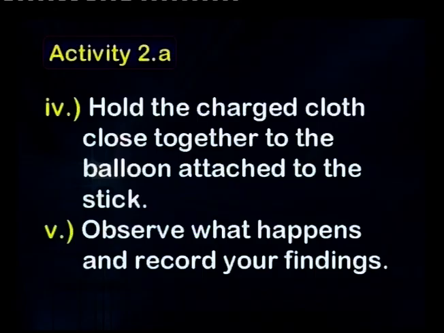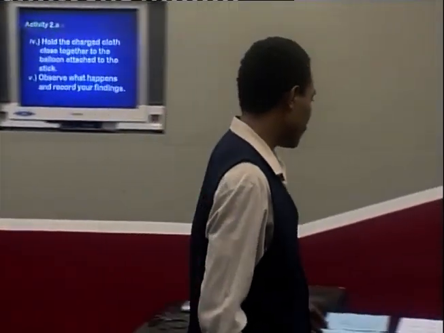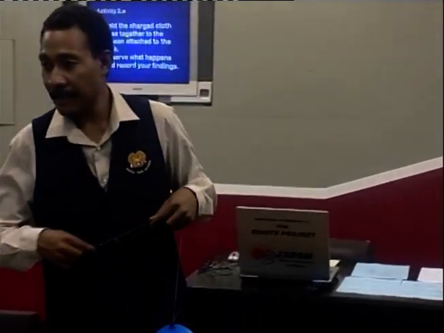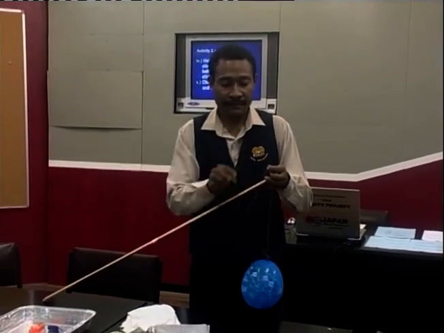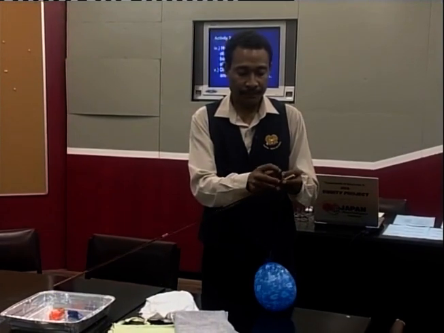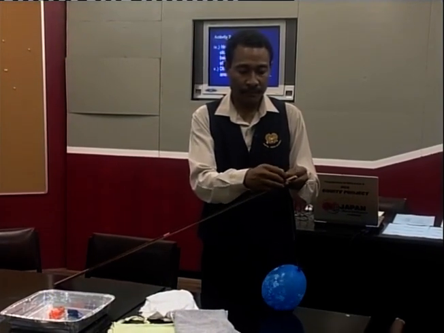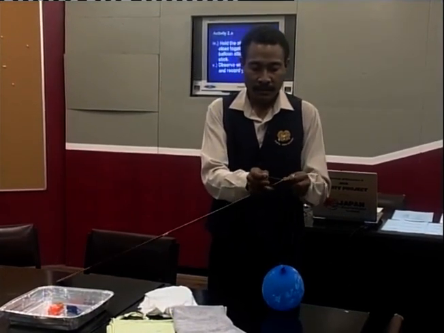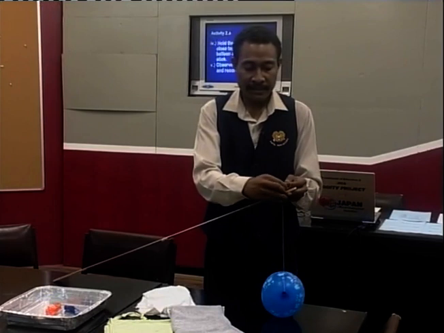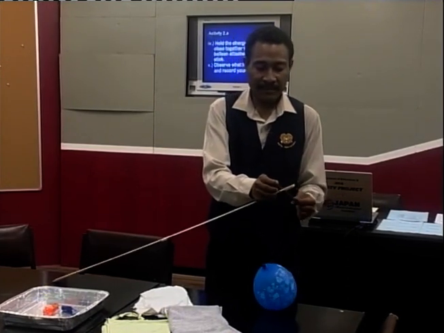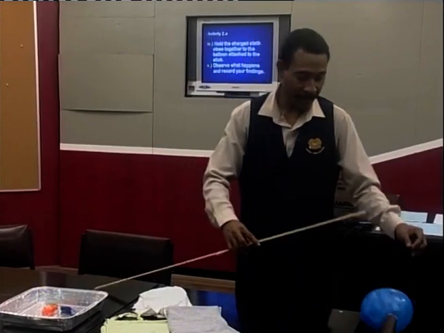You will blow one of these balloons, 2 of them. You will attach it here with the string there. Since we cannot stand it here, what we will do is you can just stand it on the side of the table, all right?